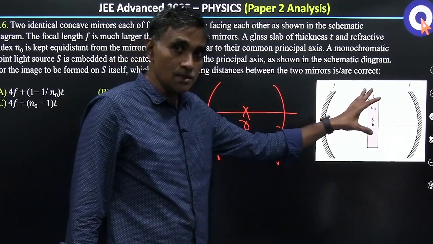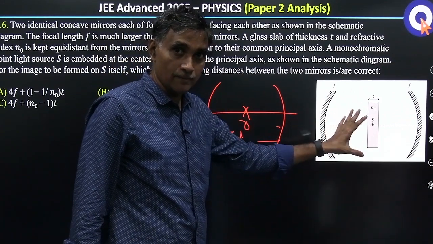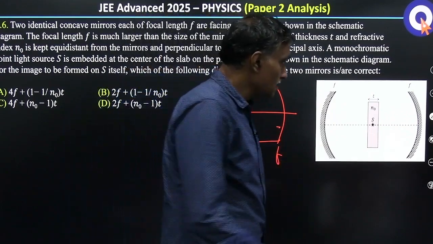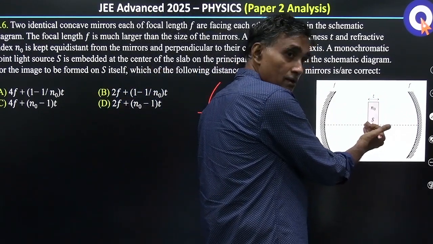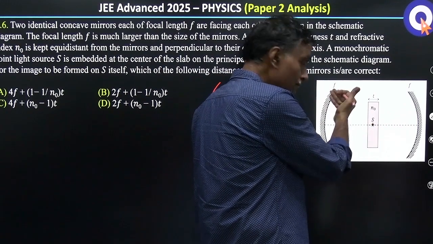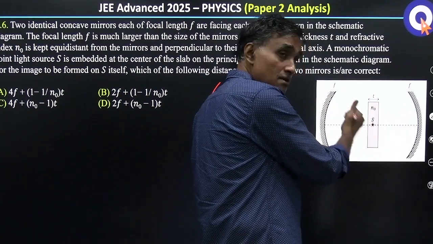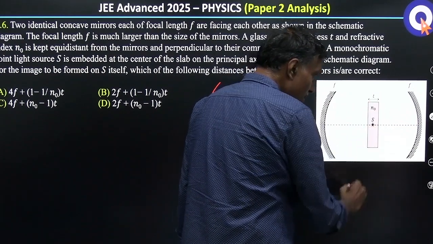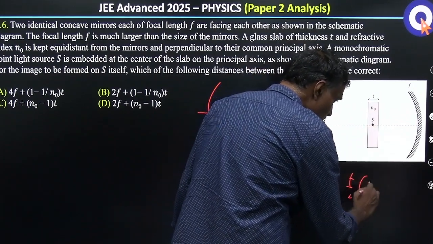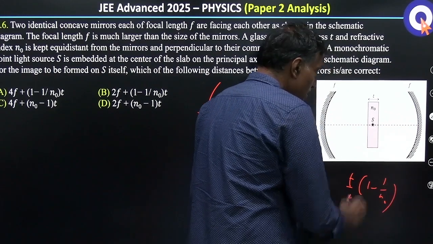Now this question is extension of this concept, okay. That is here he has kept another slab, that means there is a shift, okay. What is shift? If I consider reflection here, okay. First of all refraction, then reflection. What is shift? We can consider half the slab, then shift is t by 2 into 1 minus 1 by n0, okay.